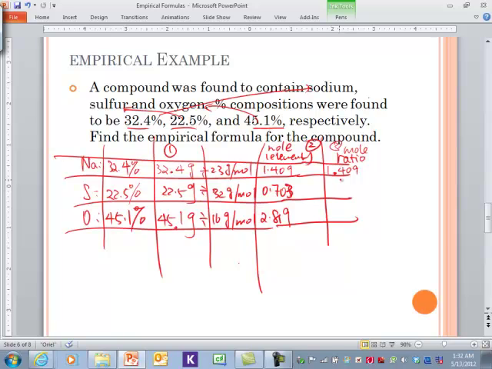So this one is 1.409, and the next one will be 0.703, and 2.819. But remember, for the empirical formula, we're looking for the simplest whole positive integer ratios, but those are not integers. Let me show you some further process before we can actually come back.